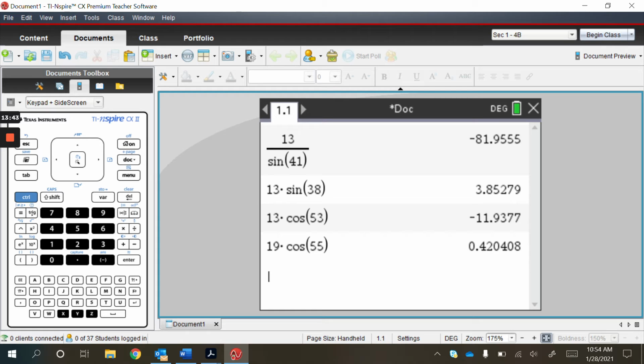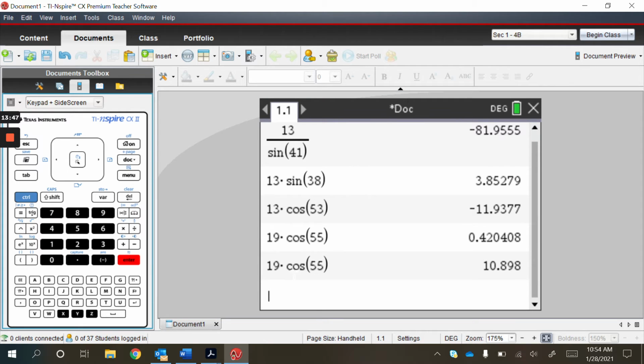That's going to make a big difference here. I'm just going to press enter again for this 19 cosine 55, and you can see how that suddenly changed those values. Whatever calculator you use, make sure it's set to whatever you're using. If you're using radians, make sure it's set to radians. If it's degrees, make sure it's set to degrees.